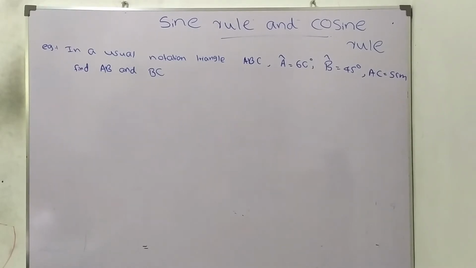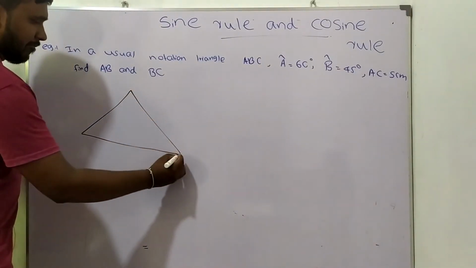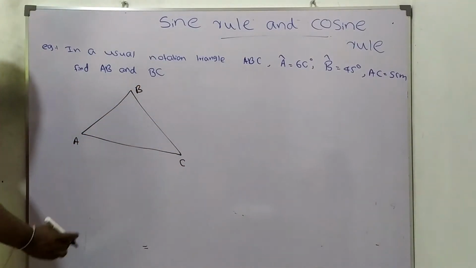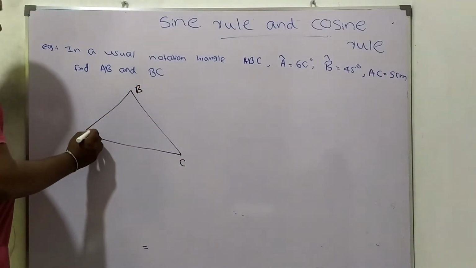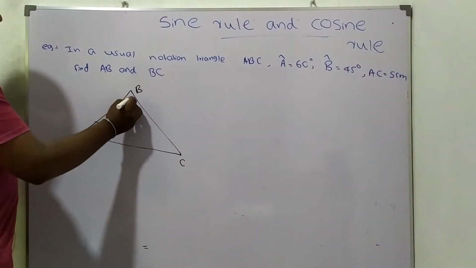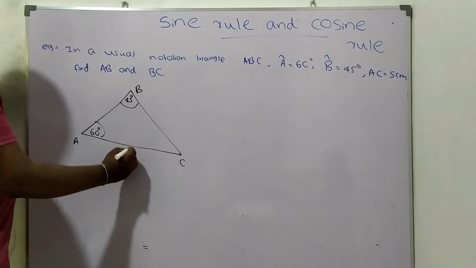In a usual notation triangle ABC, A equals 60 degrees, B equals 45 degrees, AC equals 5 centimeters. Find AB and BC. This is my triangle, and angle A is 60 degrees, B is 45, AC is 5 centimeters.